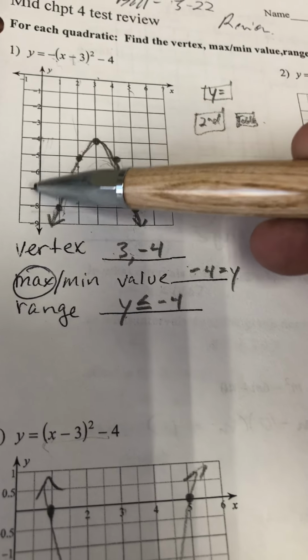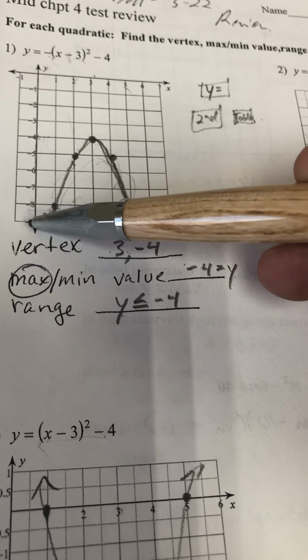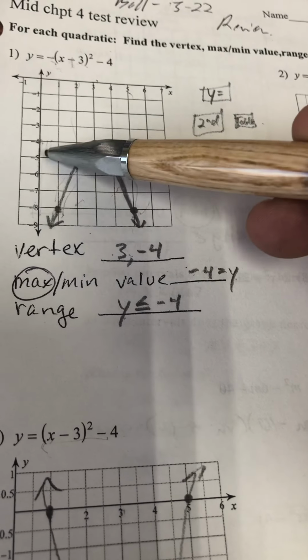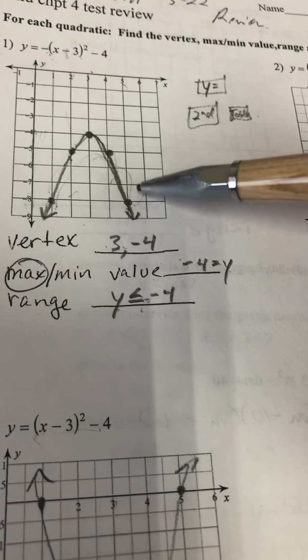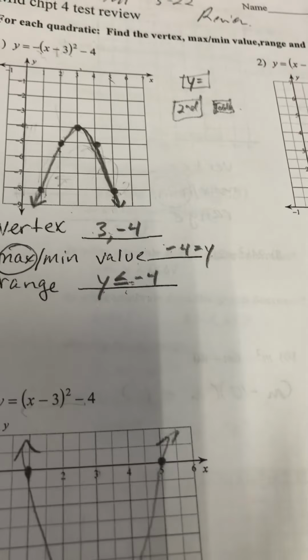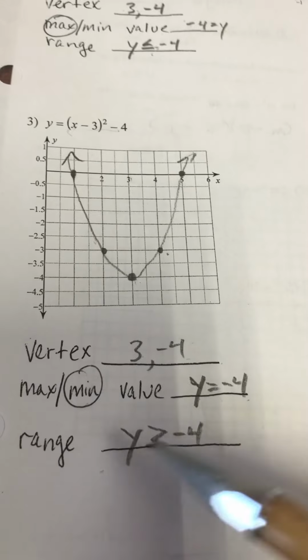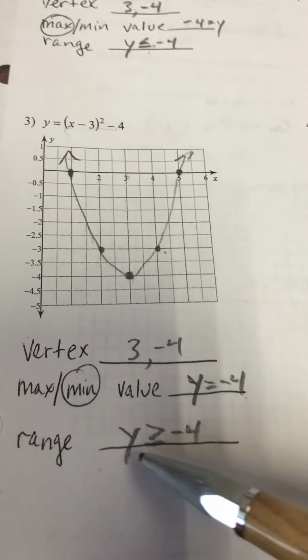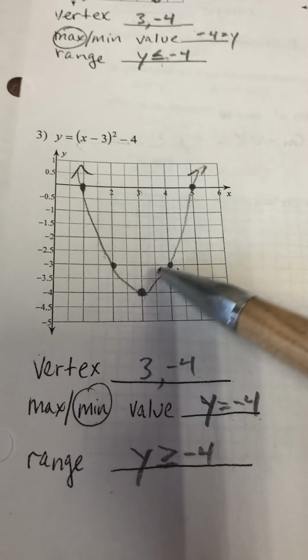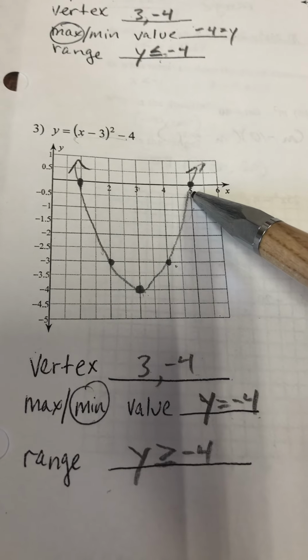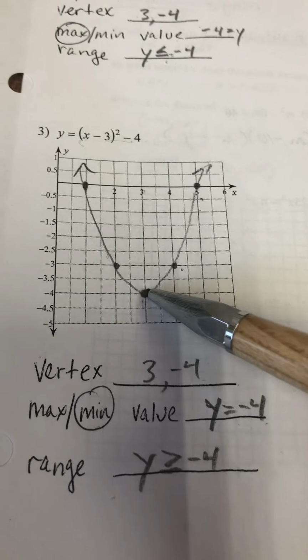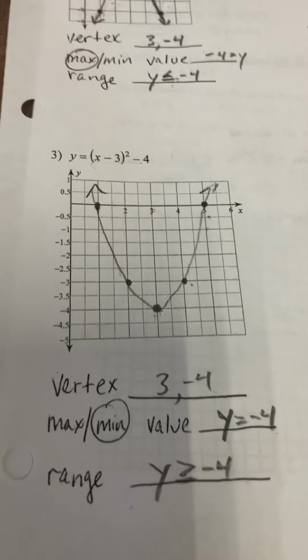Every time you pick a y value that is less than negative 4, it's going to be on this graph. So you're going to find points on this graph for it. That's what that means. The range for number 3 is y is greater than or equal to negative 4. Okay, so it's everything above negative 4.